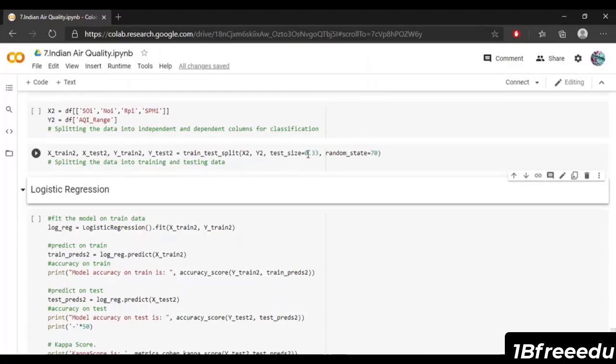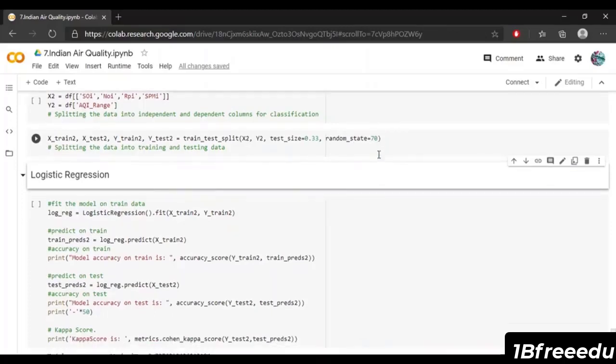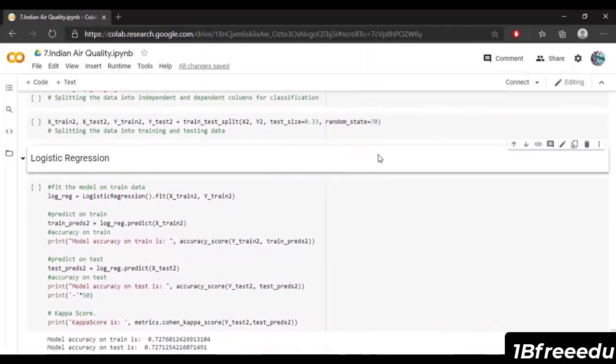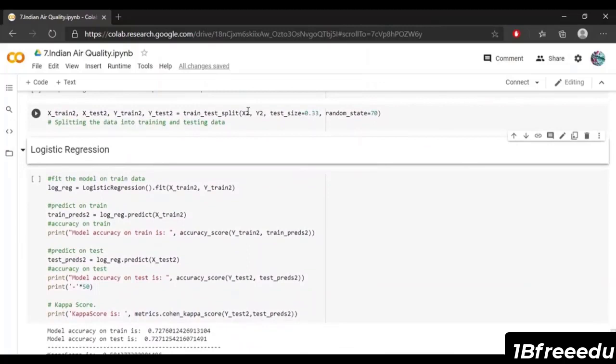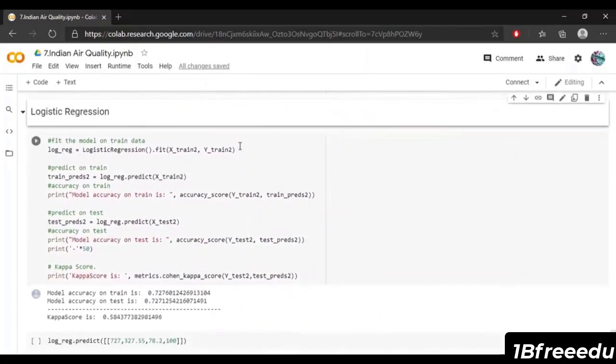As we talked earlier, these are the training and testing sizes. So around 77% of the data will be used for training and 33% of the data will be used for testing. The random state that we have assigned here is 70. As I told earlier, if two people use the same random state, they are more likely to get the same or similar results. And then this is the logistic regression model.